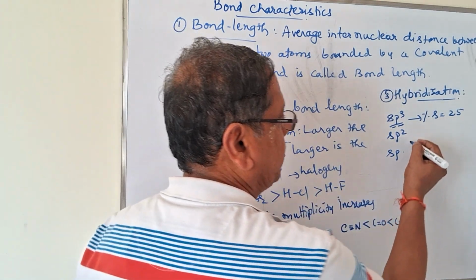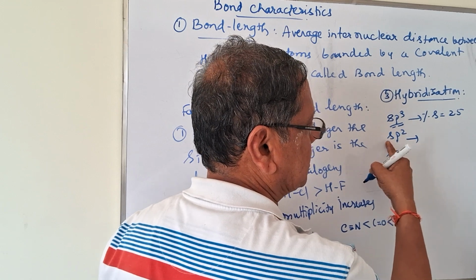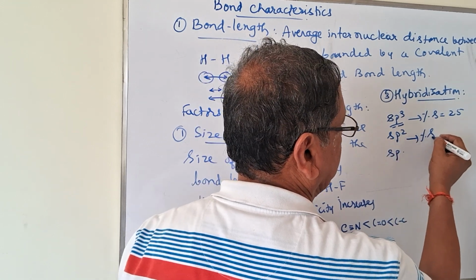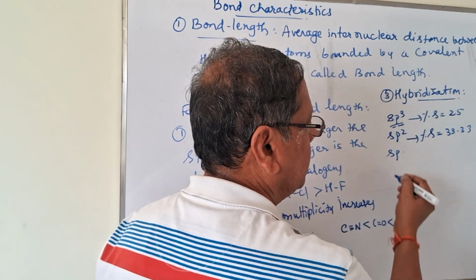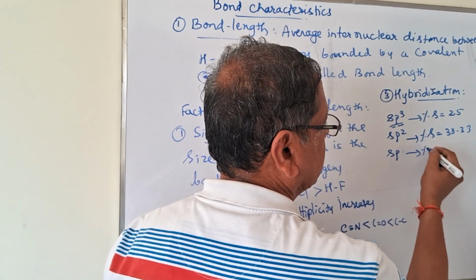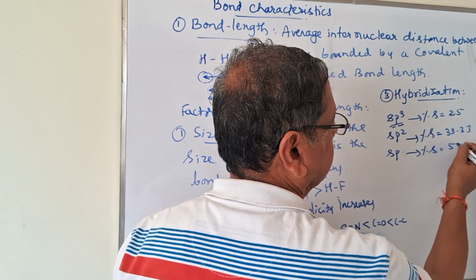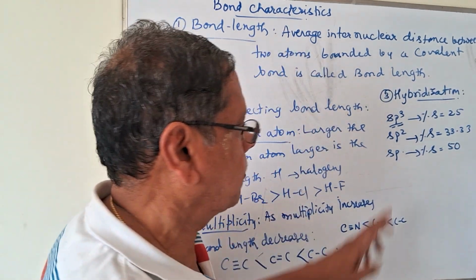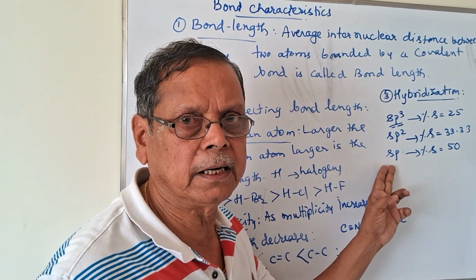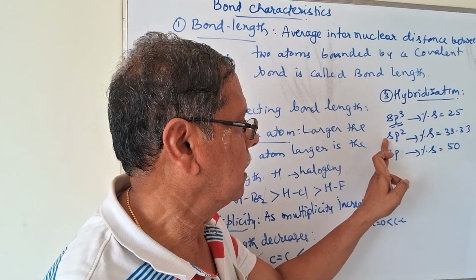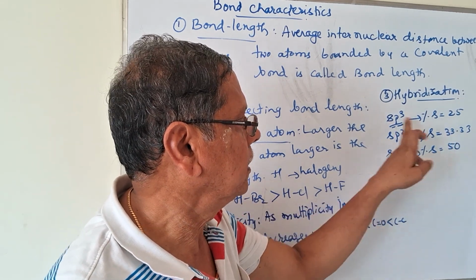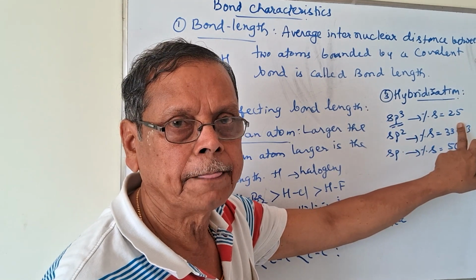In sp2, out of 3 orbitals, 1 is s, so the percentage of s character is 33.33. In the sp orbital, there are only 2 orbitals available, 50% s and 50% p, so the s character is 50. Here 1/3 is 33.33, and here 1/4 is 25.